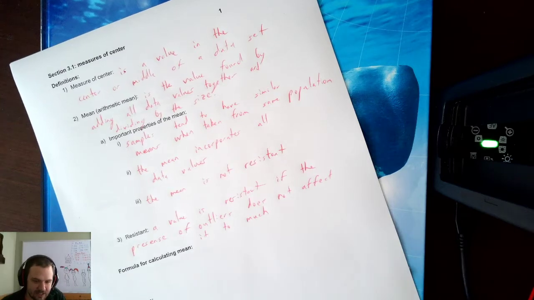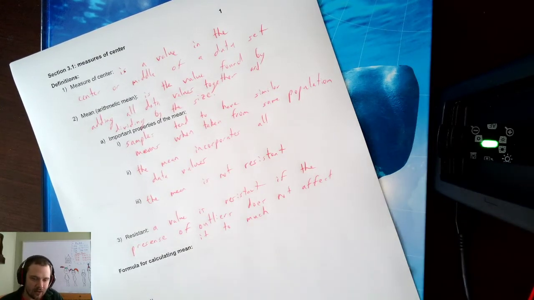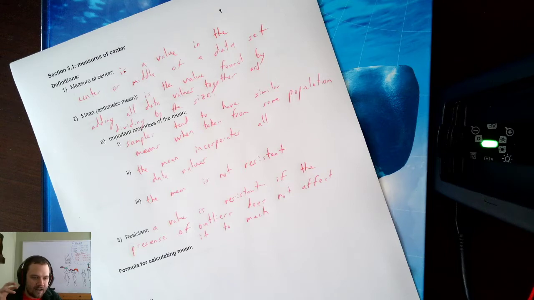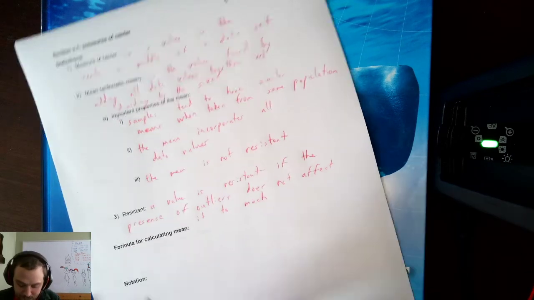So the mean. Let's think about a data set. You have a data set and you calculate the average. Now, make one of the numbers 1,000,000 times bigger. The average is going to become quite a bit bigger because of that, right? An outlier, a number that's 1,000,000 times bigger than all the other numbers, will have a big effect on the average. So resistant is when outliers don't affect it.